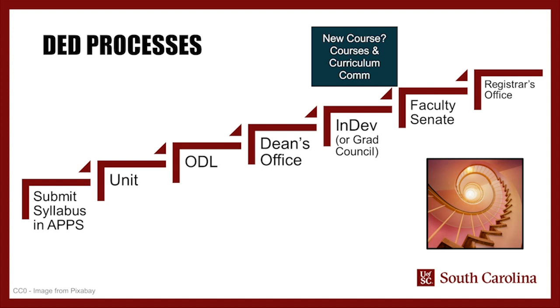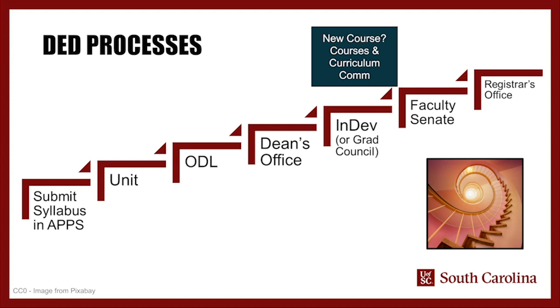Once you submit it, it goes to someone in your unit. Then, after they've reviewed it and approved it, it goes to the Office of Distributed Learning, which looks for certain criteria. Then it goes to your dean's office. And then once somebody in your dean's office reviews it, it gets forwarded to the InDev committee or to Graduate Council.